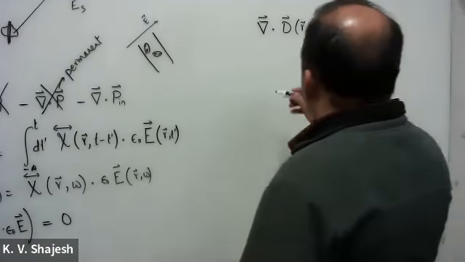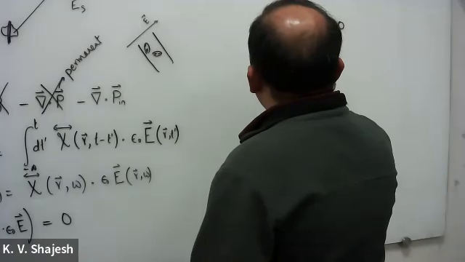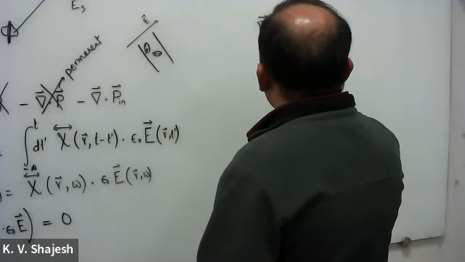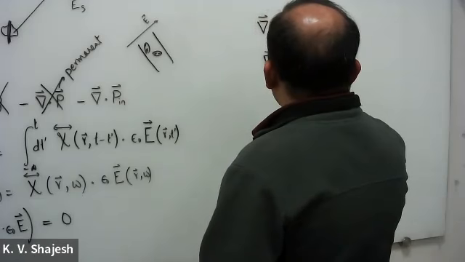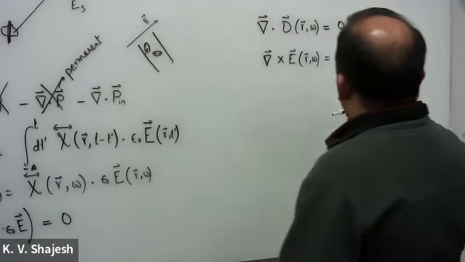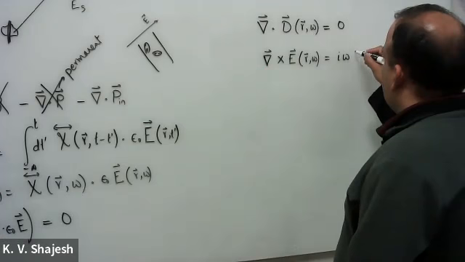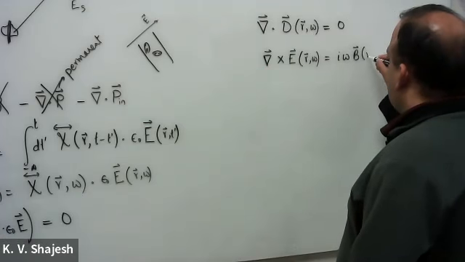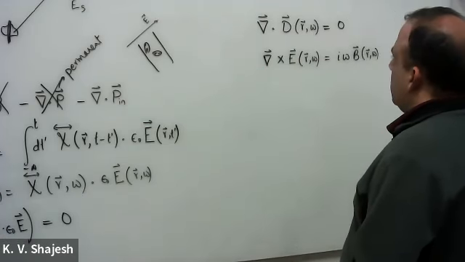The second Maxwell's equation is del cross E, in Fourier space or frequency space, let's say, position is still there, equals B of omega.